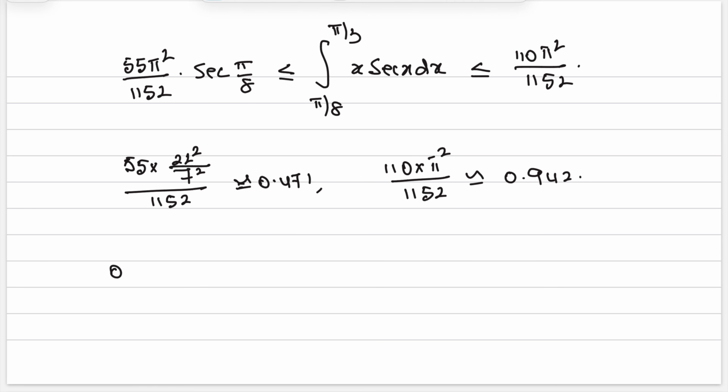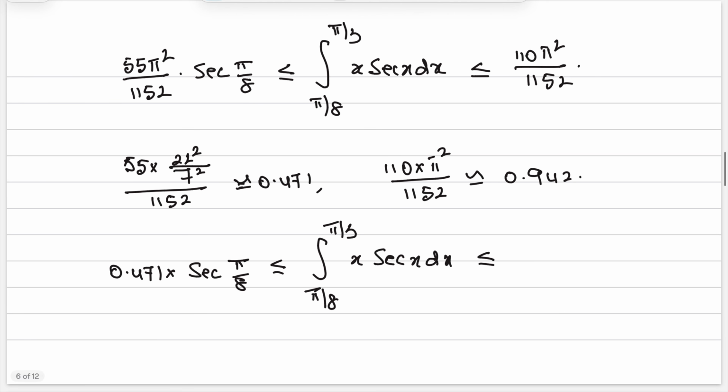That means 0.471 into secant pi by 8 is less than or equal to integral pi by 8 to pi by 3 x secant x dx is less than or equal to 0.942. 0.942 next integer, that can be, it is more than half and less than 1, hence we can take this value as 1.